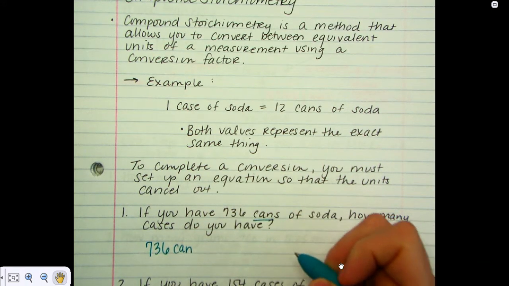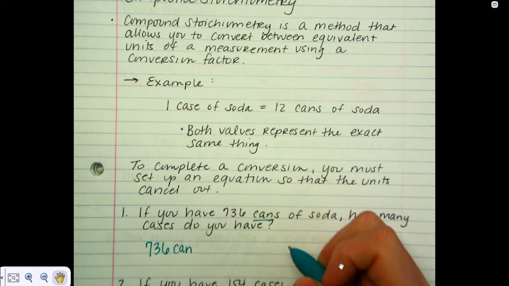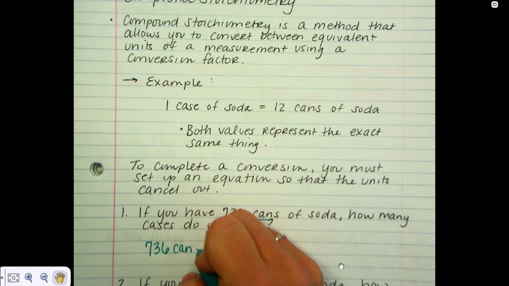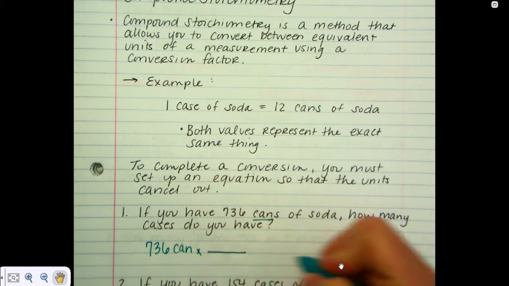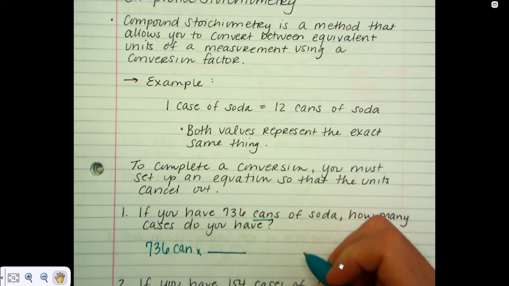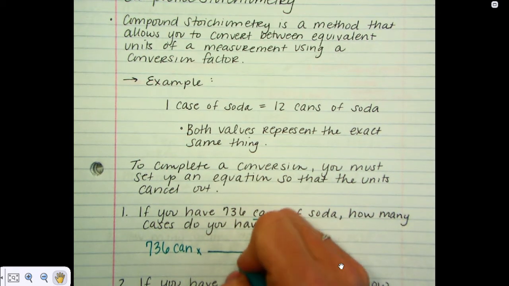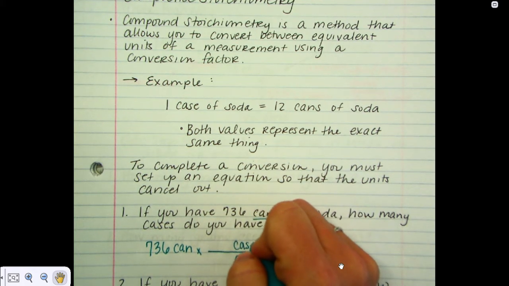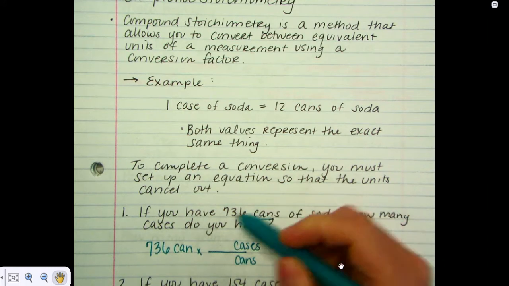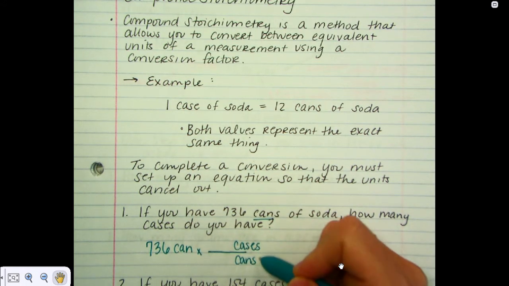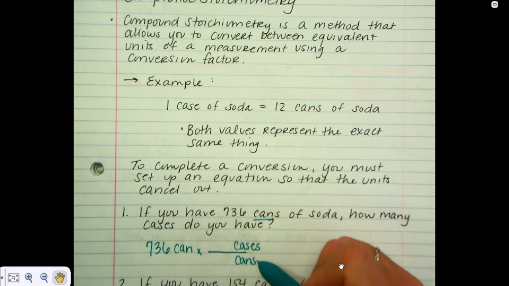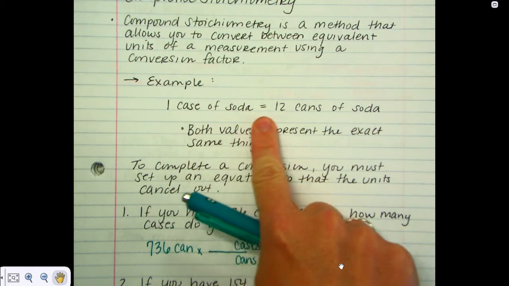I could even say cans of soda to include the substance, but for this example, I think that would be a little bit of overkill. I want to convert from cans to cases. In order to convert from cans to cases, my unit of cans has to go on the bottom and my unit of cases has to go on the top so that my cans will cancel out and it's going to leave me in cases. So this setup here represents my conversion factor, the same one we had up here.